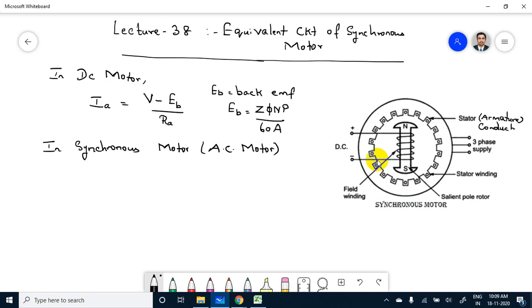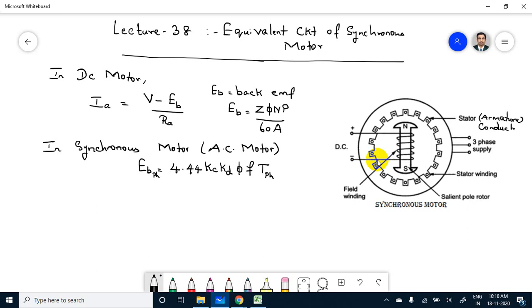That back EMF EB equals 4.44 Kc Kd into flux into frequency into number of turns per phase. Everything is per phase.